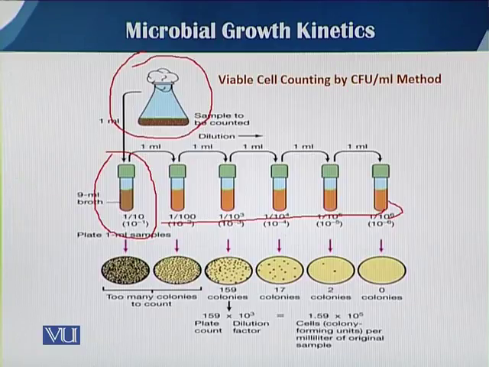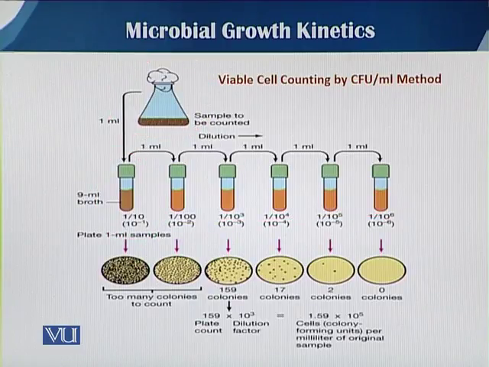Then we take the sample out of each dilution and culture it on the plate, and you can see the number of colonies decreasing as the dilution increases. By this method, we can easily estimate the viable cells present in any culture.